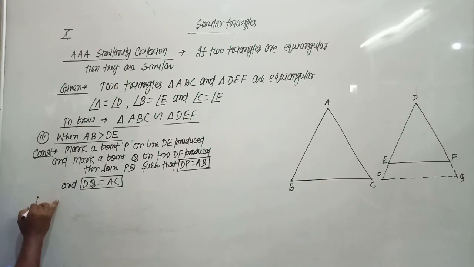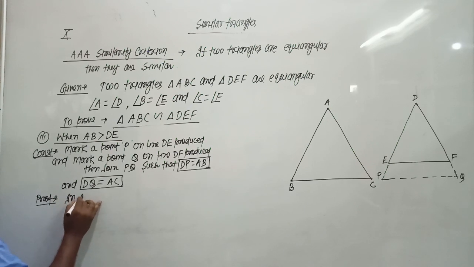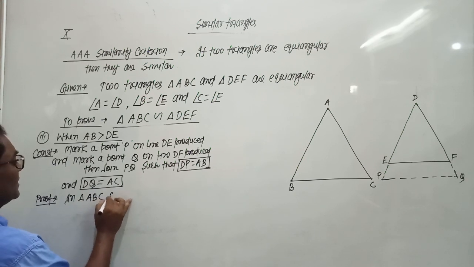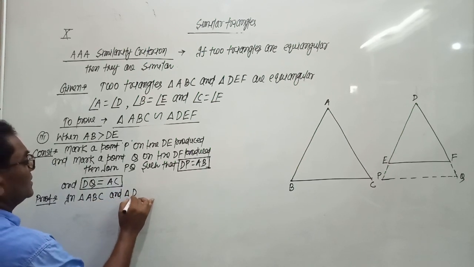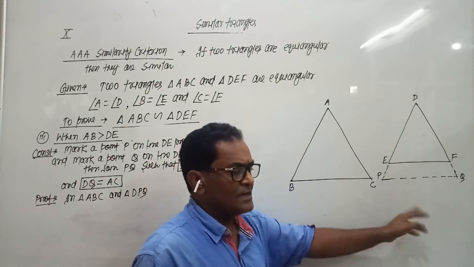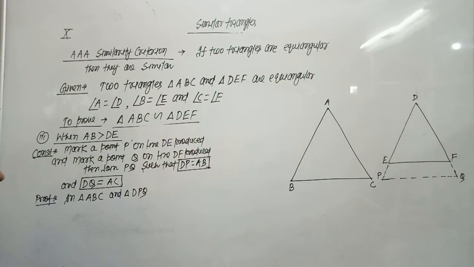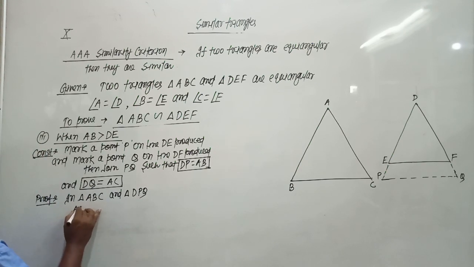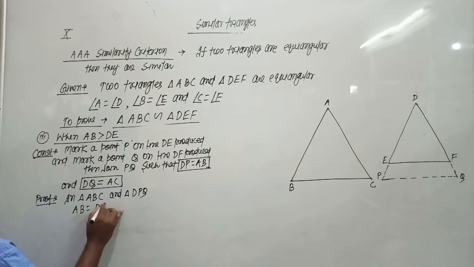Let us see the proof. In triangle ABC and triangle DPQ, by construction, AB equals DP.